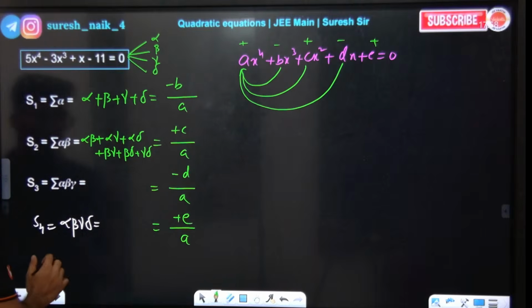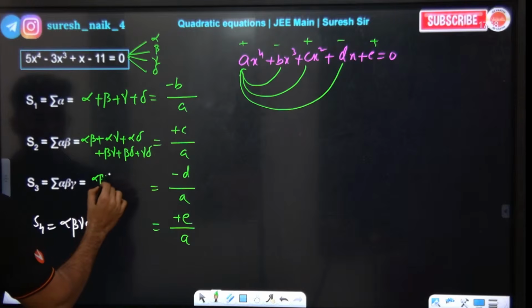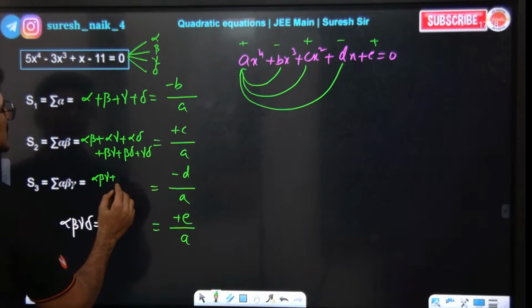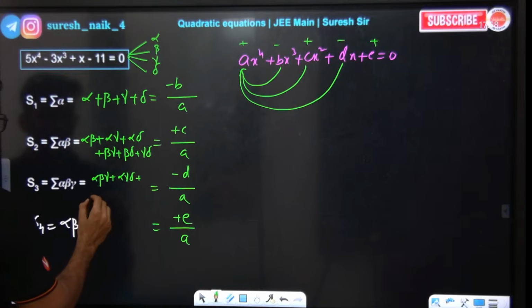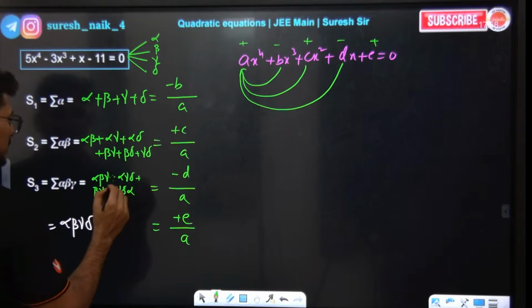Now three roots at a time: alpha beta gamma plus alpha beta delta plus alpha gamma delta plus beta gamma delta.